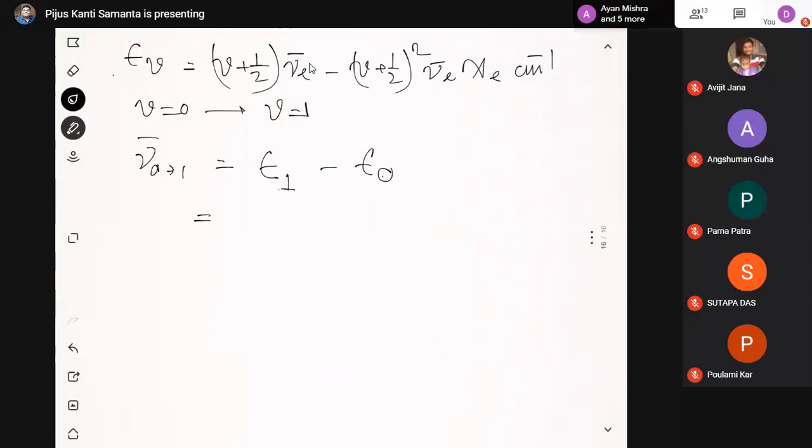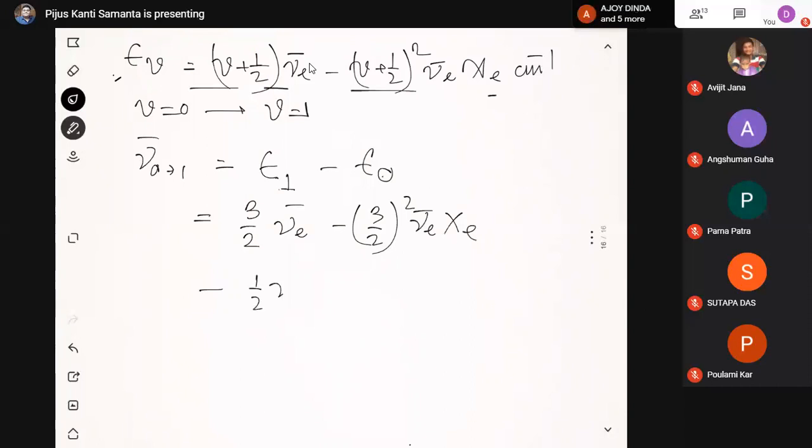This is 3 by 2 nu e bar minus 3 by 2 square nu e bar chi e minus this is E0. Now we have to put 0 in this equation. So this will be half nu e bar plus half square nu e bar chi e.